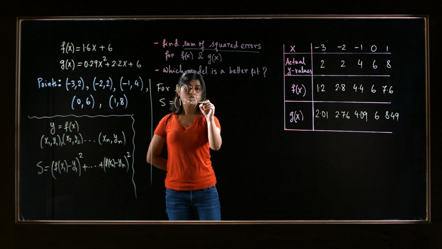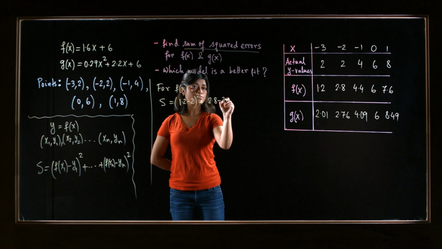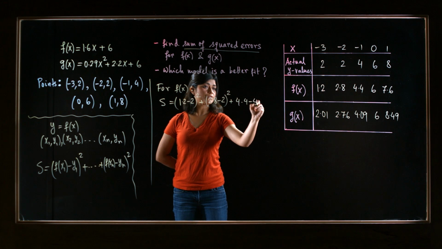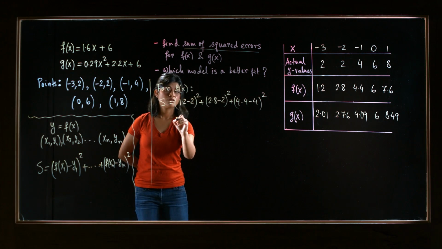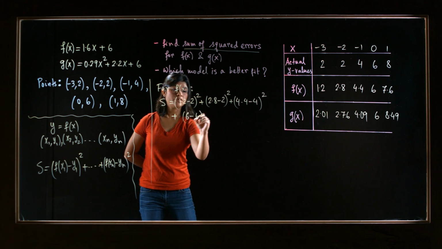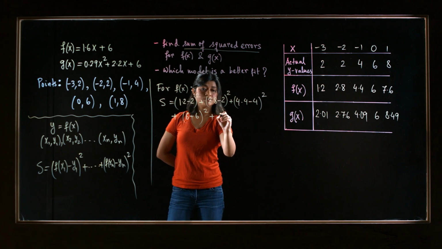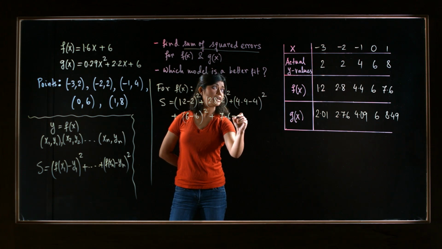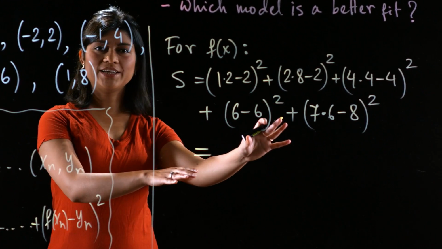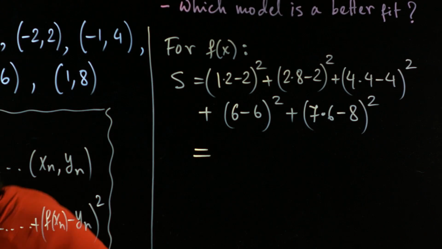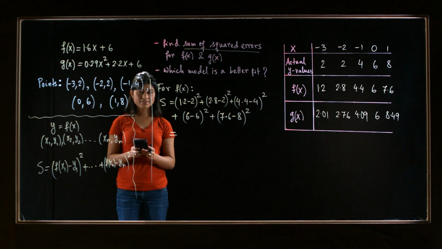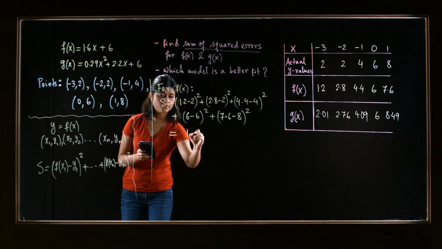Then same way, 2.8 minus 2 squared plus 4.4 minus 4 squared plus 6 minus 6 squared, and finally 7.6 minus 8 squared. So let me do this calculation using a calculator, and I'll be right back. So it turns out that the sum is 1.6.